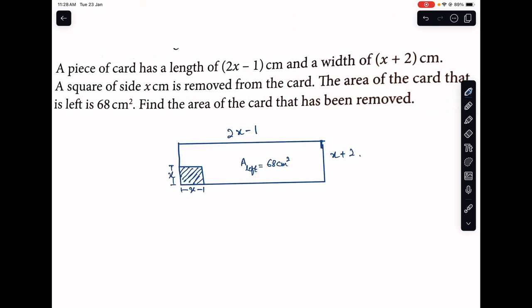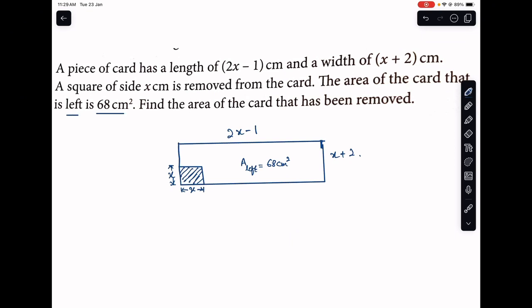The length of the card was 2x minus 1 and the width is x plus 2. So I have made this rectangle of length 2x minus 1 and the width x plus 2. The shaded area represents x by x, because this part is getting removed from the original piece of card that we have here, and the area that is left according to the question is 68 centimeters square.